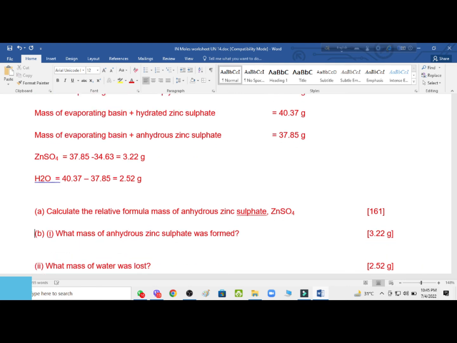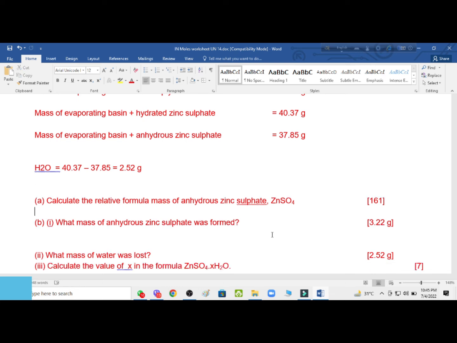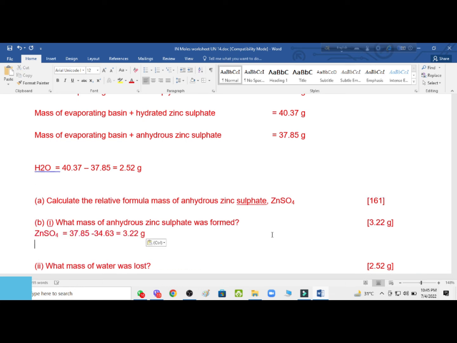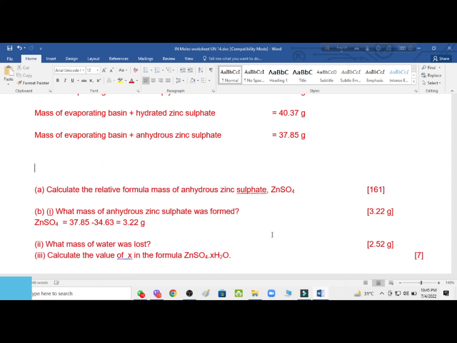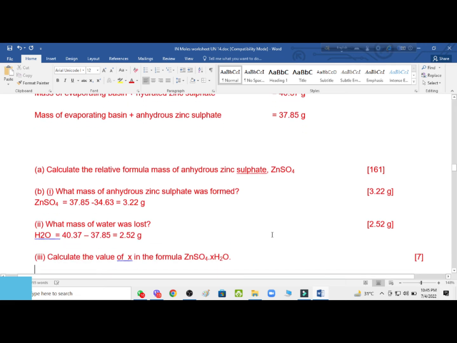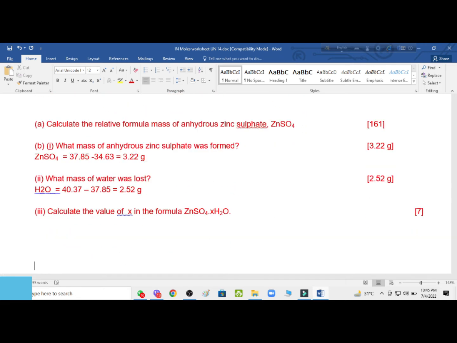Mass of anhydrous zinc sulfate was formed. So this is the calculation we already did there. Just copy and paste here. Mass of anhydrous zinc sulfate, and the mass of water lost that we had calculated there. Let's copy and paste here. Now calculate the value of x.